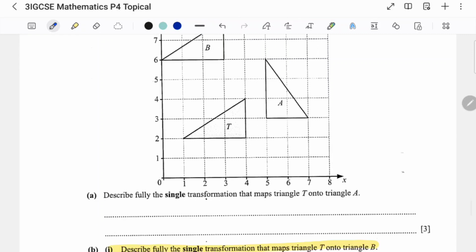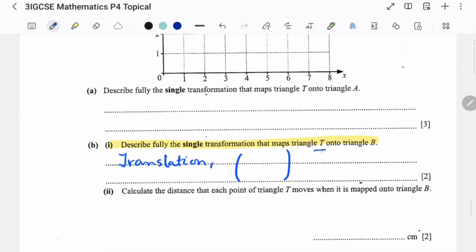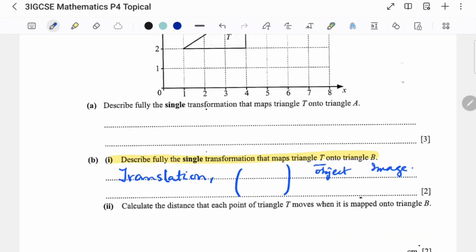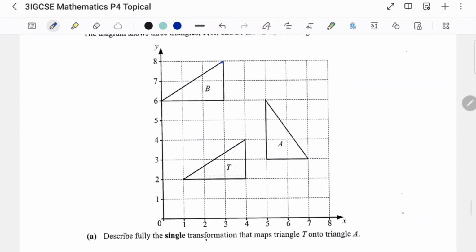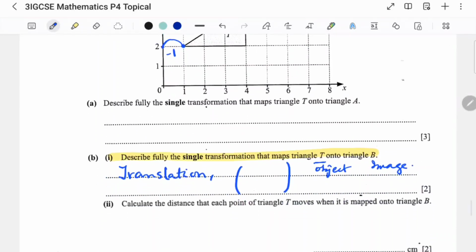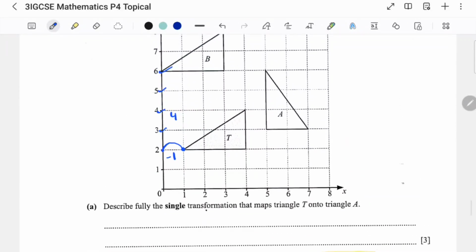So T onto B, T is the object and B is the image, so you start from T. For example, if I'm going to see this point, we have just one box for one number, so you move just one box towards the left, and then 1, 2, 3, 4 numbers up, so that is -1 and +4. So you just write down -1 and +4. That's it. This is your answer.